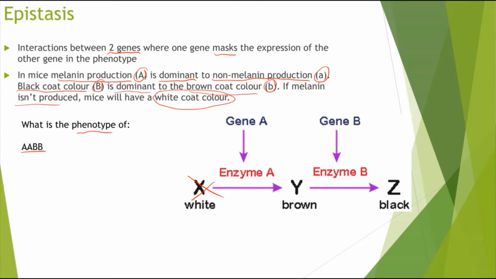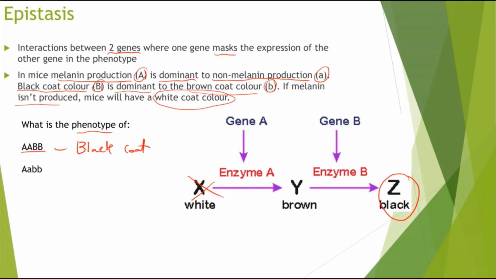Then looking at gene B now, I can see that both of them are capital B. So that means that I would be coding for black because that is dominant for my gene B. So in that case, that would be black coat color.